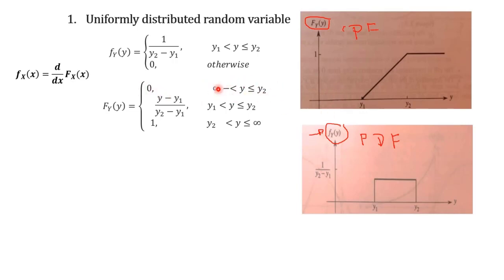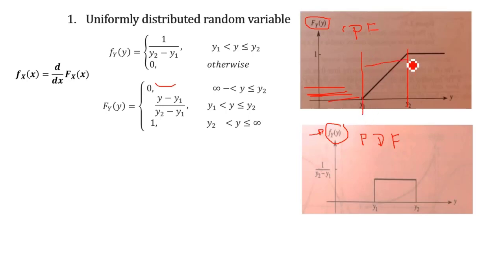This value is varying from minus infinity to y1, meaning this complete region. In that region, what is the value? Here it is 0, right? Fine. All right. Next, in between y1 and y2, this region.